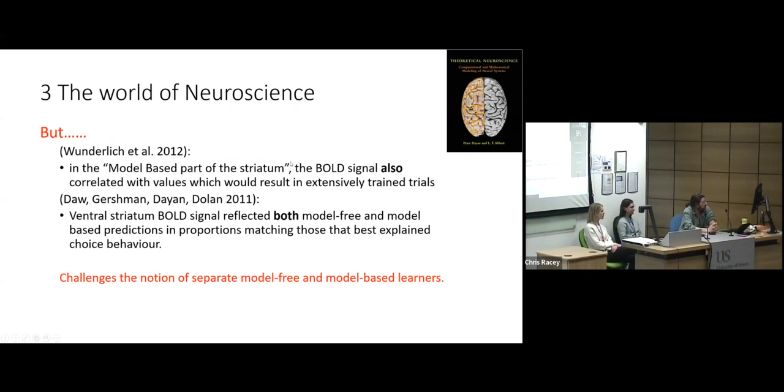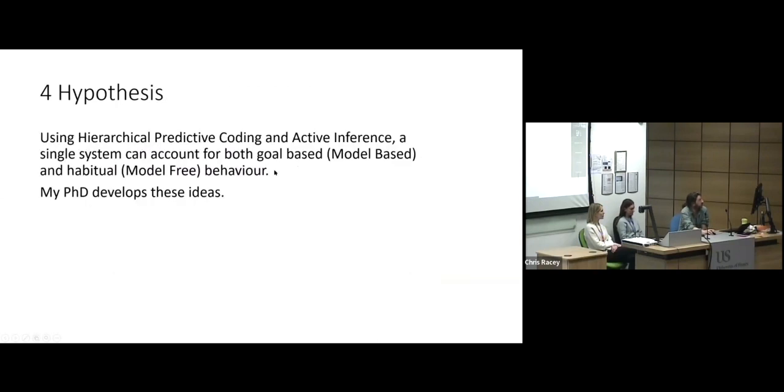But there are also quite a lot of studies which say, oh no, it's all mixed together and it's all one system, and this model-free versus model-based isn't the right way to separate it. It's more of a continuum. It's challenging the notion of separate model-free and model-based learners.